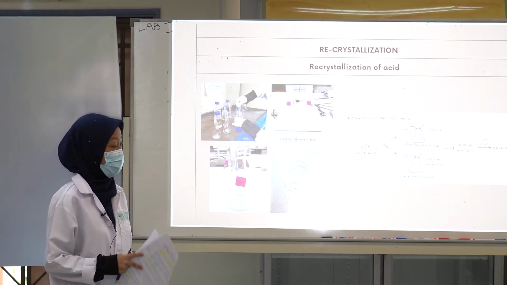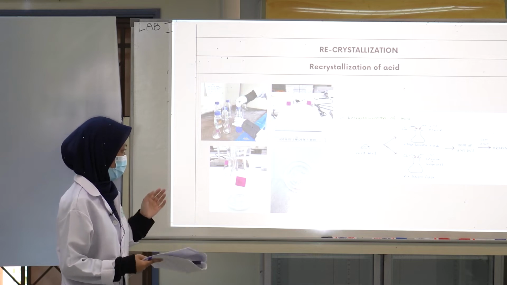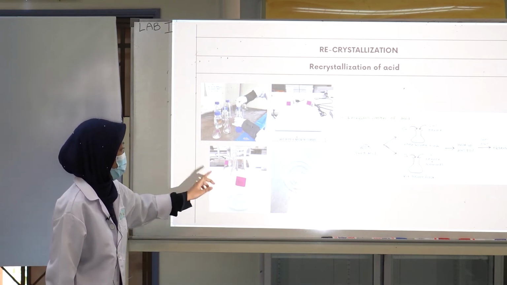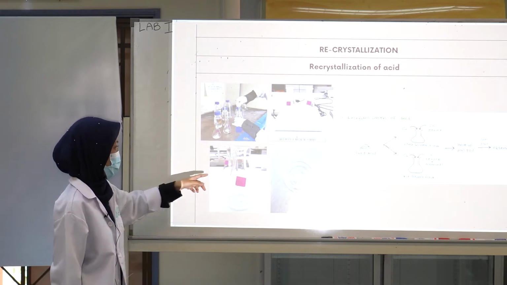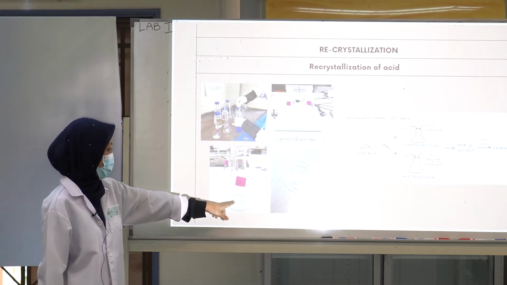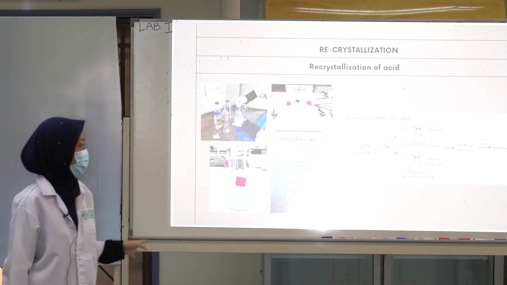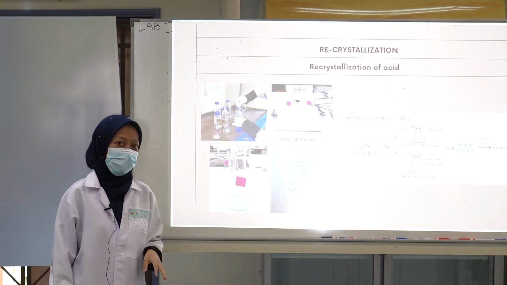Then we observe what happened. For the single solvent flask, which contains 5 milliliter hexane, we can see that there is a crystal form here. But for the mixed solvent flask, there is nothing.